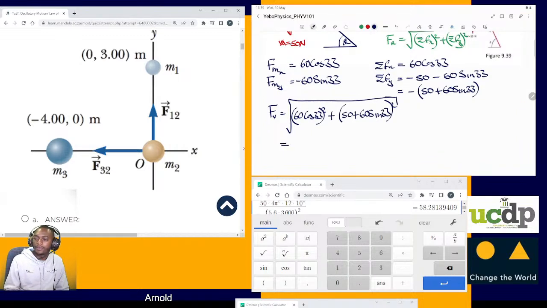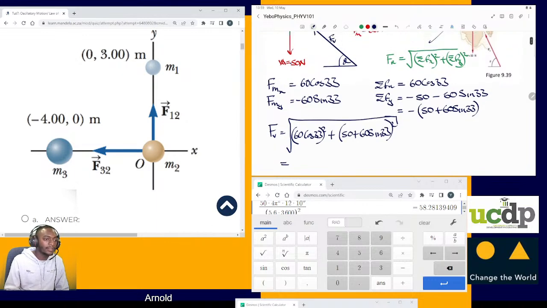Right, so the next thing that you do now is punching. Cos 33, change that to degrees. 60 cos 33 squared plus 50 plus 60 sine 33.